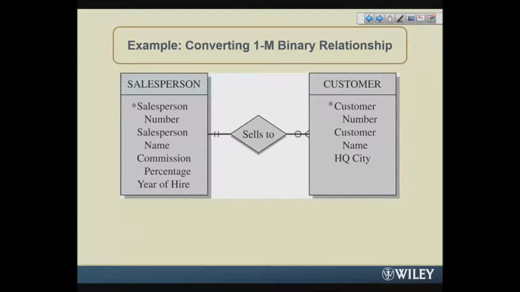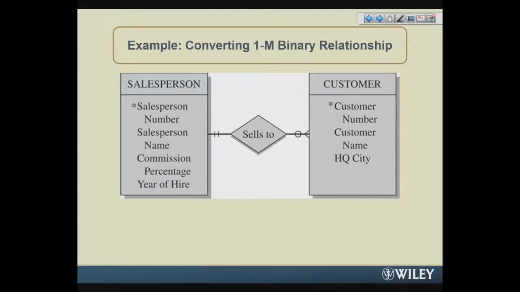Is that very simple? So if we have one-to-many, you put it in the many side. On the what side? On the many side. So this is the many side, the crow's foot. Is that what we call it? So we will put the foreign key in the many side.